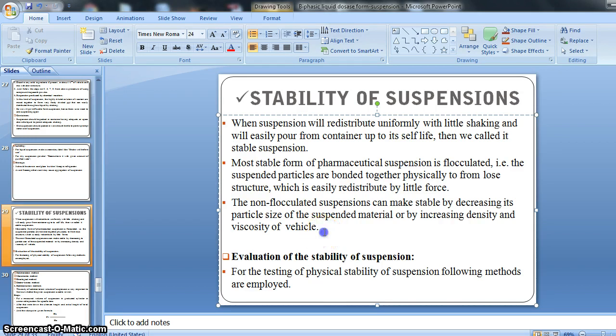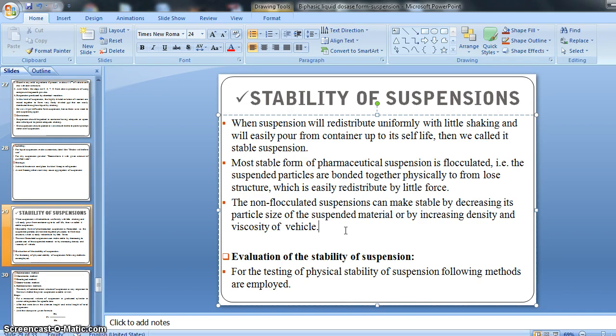So this is a small introduction about the stability of our suspension. Stability of our suspension is very necessary. After that there are various kinds of tests, that is evaluation tests of stability of a suspension.